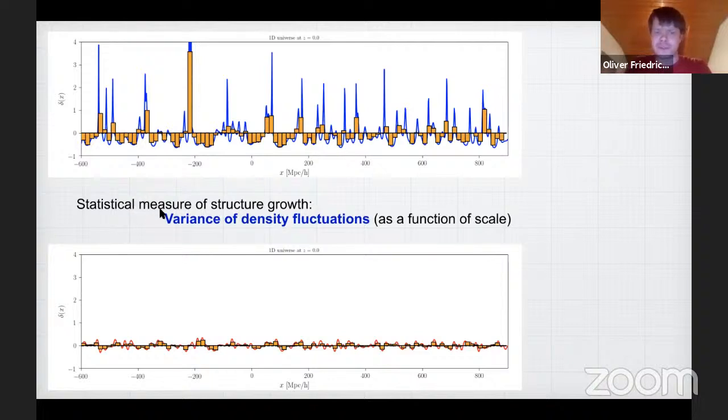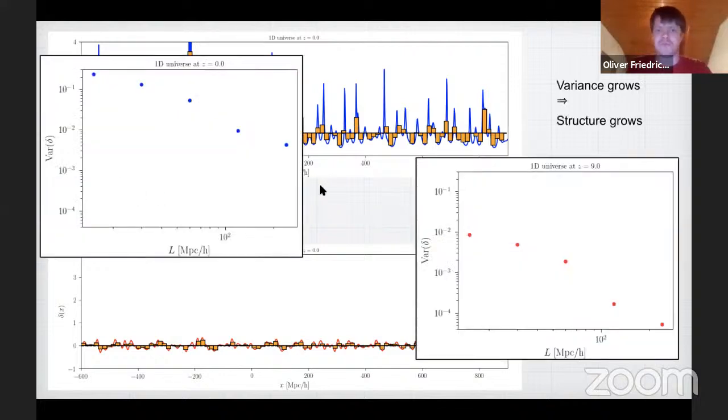What you can do is, for example, measure the average amplitude or the variance of these density fluctuations. For example, you could average both of these density fields on a certain scale. And this is what I'm trying to visualize here with these orange stripes. So you just choose a certain length scale, then you average your density field on these scales, and then just measure the variance or the average amplitude of these orange stripes.